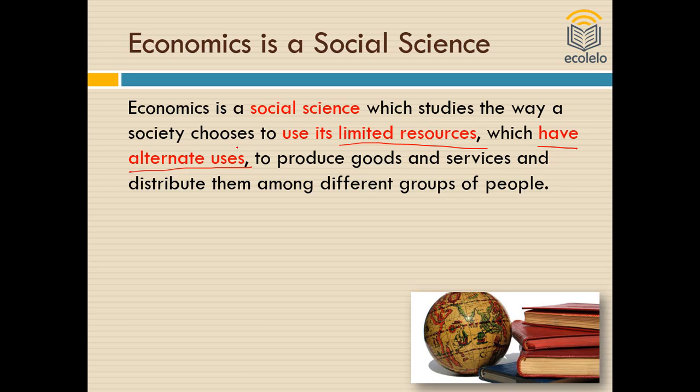Now you choose how to use this limited resource, because that same time has alternate uses. At the same time, you can do two things. You have a choice, right? So you make a choice how to utilize this limited resource, to produce goods and services and then distribute them among different groups of people. So as a whole, a society does this. I hope you get my point.